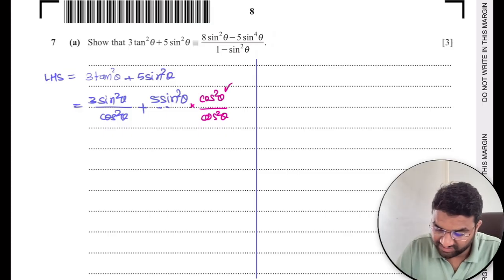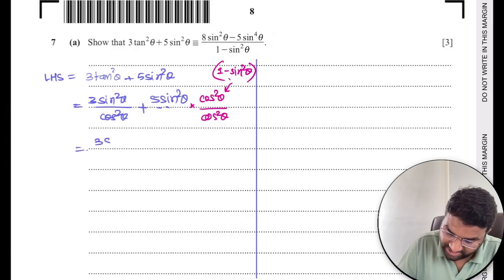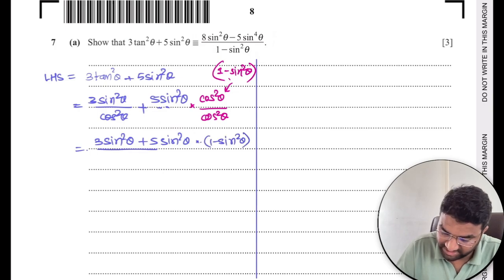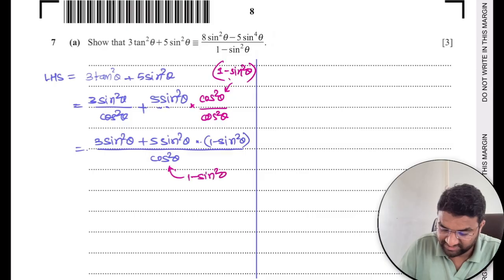For this cos square theta we can write 1 minus sin square theta. So the next step will be 3 sin square theta plus 5 sin square theta times 1 minus sin square theta upon the common denominator cos square theta, and for the denominator too, we can write 1 minus sin square theta.